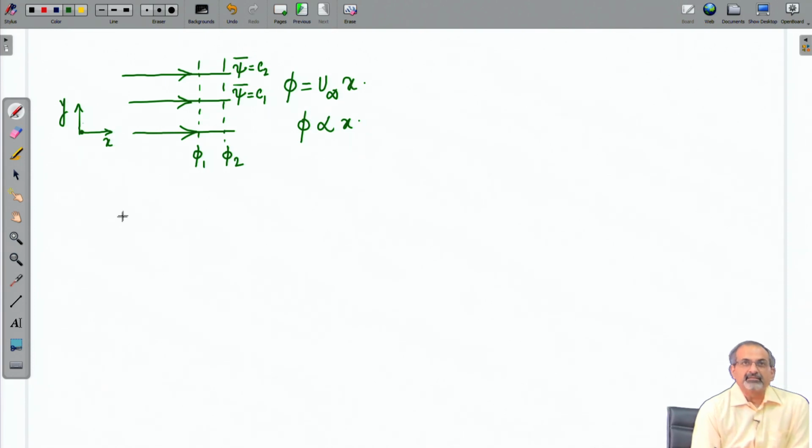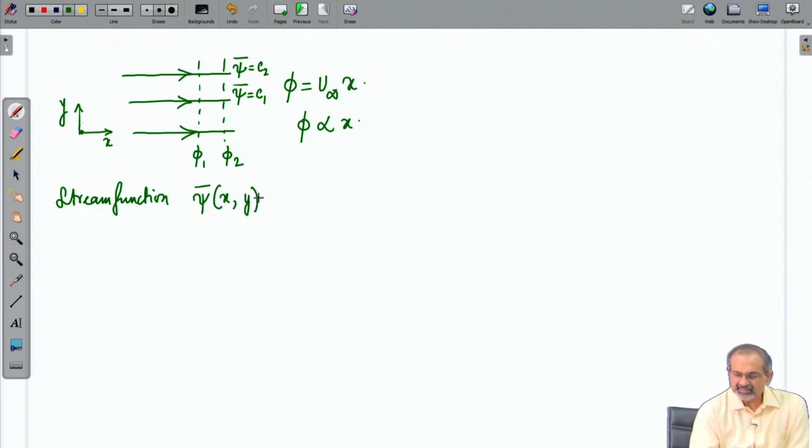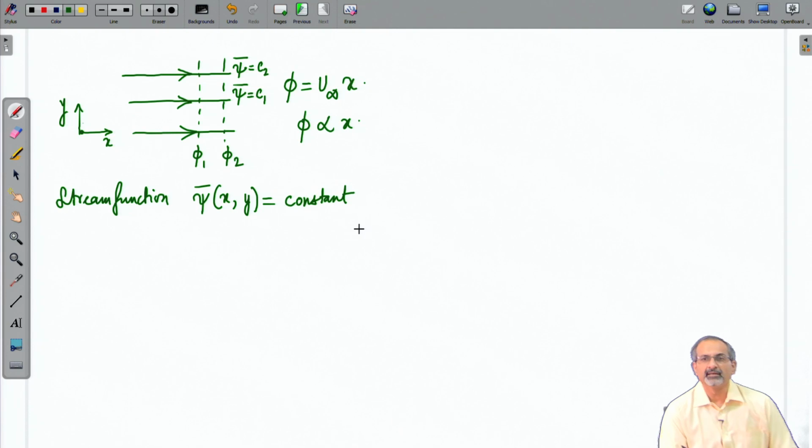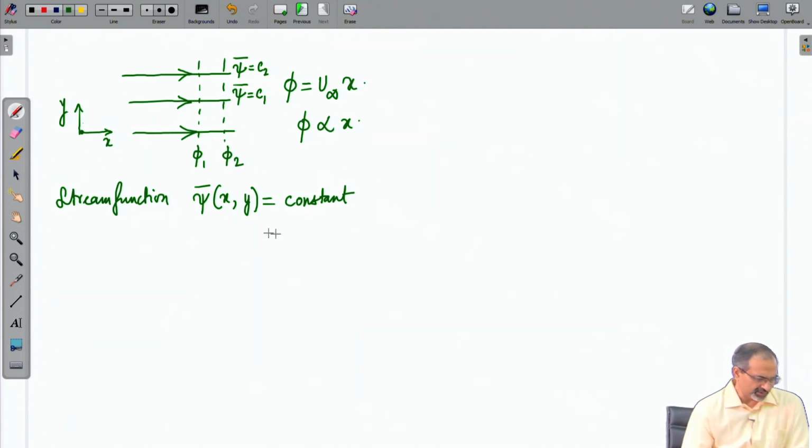We will look at the significance of the stream function. Along a streamline, the stream function, which is basically a function of x and y, remains constant. As long as we are following a particular streamline, the stream function will remain constant. And if you take the difference of the stream function between the two streamlines, let us say here, then the difference turns out to be C 2 minus C 1.